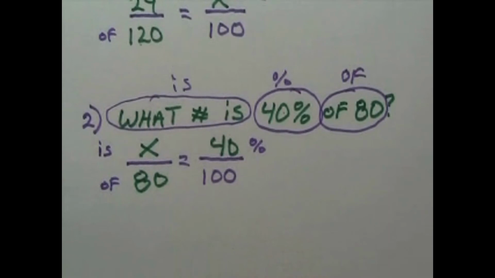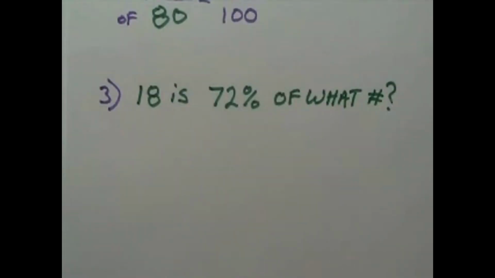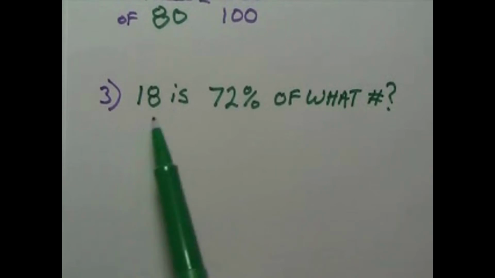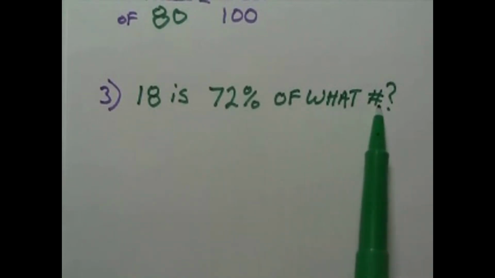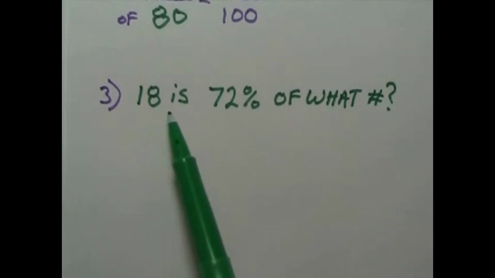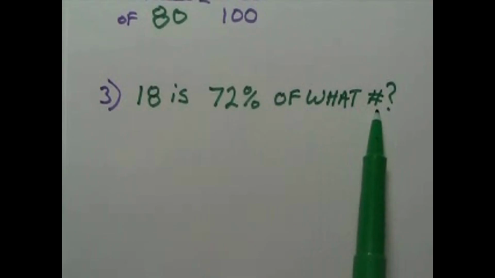That's what I need to solve. Okay, so we just set up. We'll solve it in a few minutes. Let's go on to number 3, the third type of problem. Here's the third type of problem. We have 18 is 72% of what number?